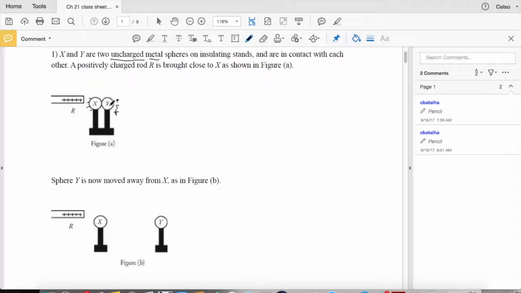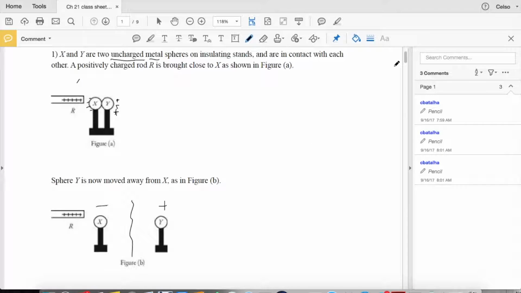So when you separate them while you keep the rod nearby, this guy will have an excess of electrons, and this guy will be lacking electrons.